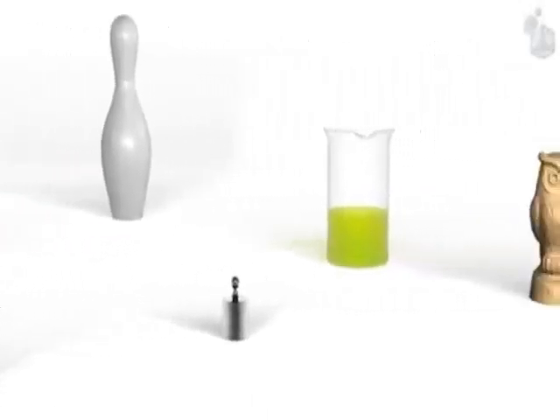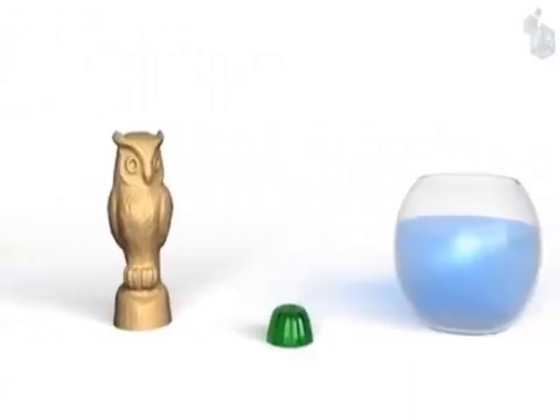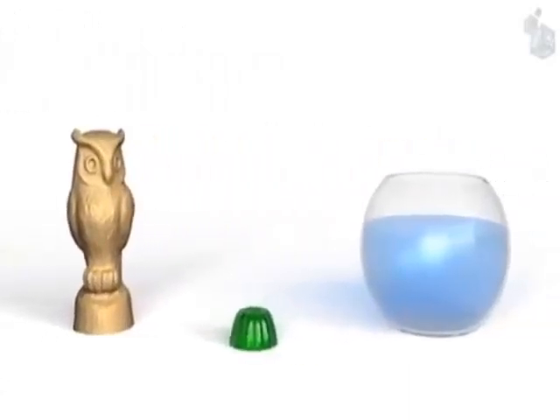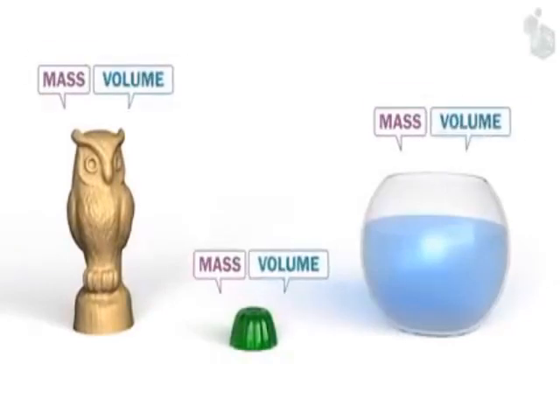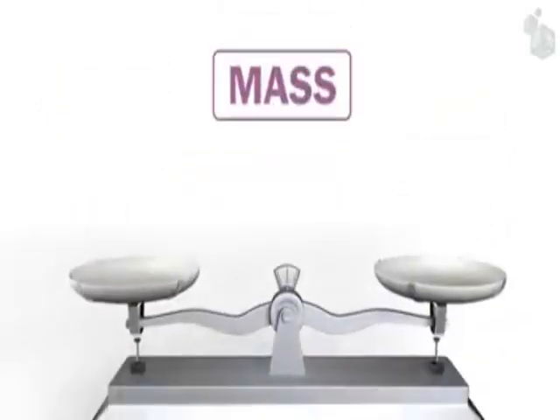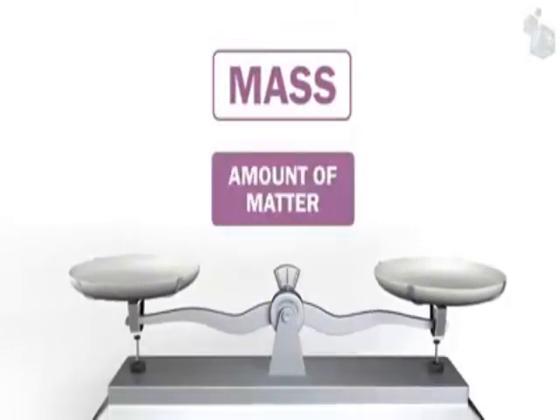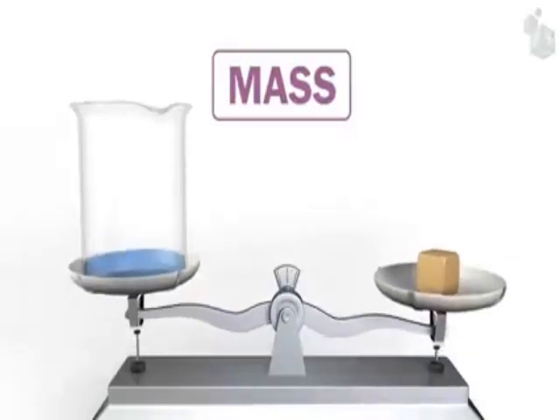All objects around us have 2 things in common. They have mass and volume. Everything that has mass and volume is matter. The mass of an object is a measurement of the amount of matter it contains. The greater the matter of an object, the greater its mass.